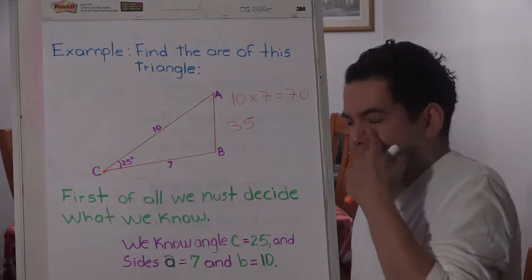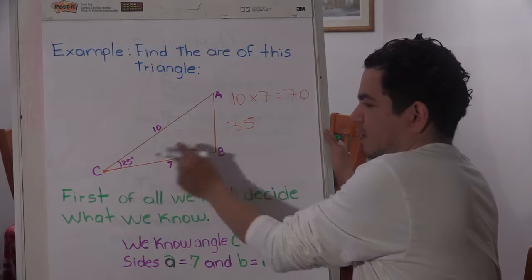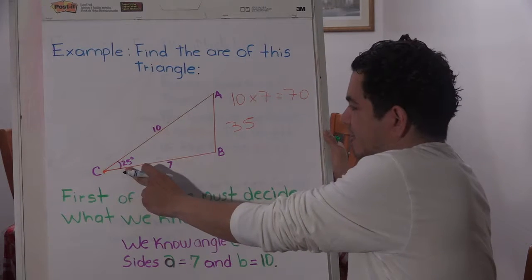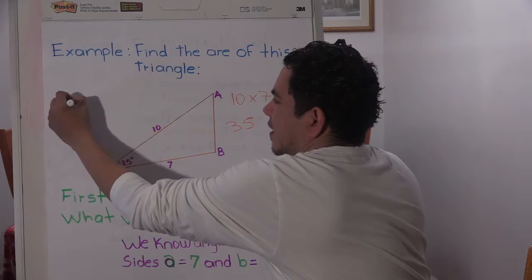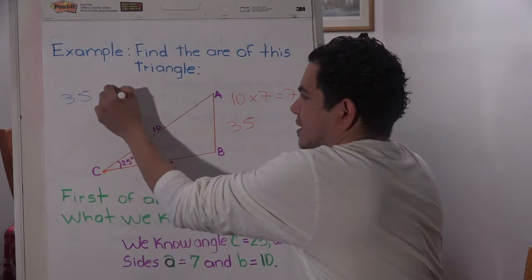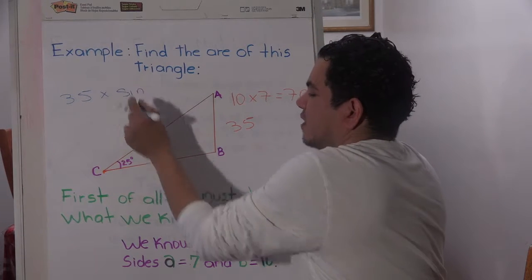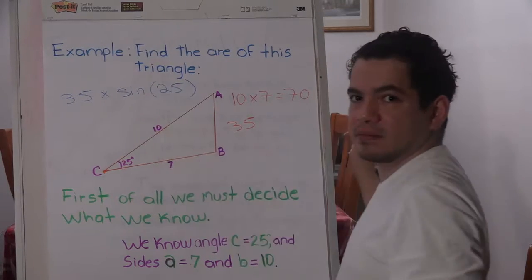So I am going to take the sine of 25, which is what I have right here. In other words, I'm going to have 35, which is half of this product, times the sine of the included angle, 25.